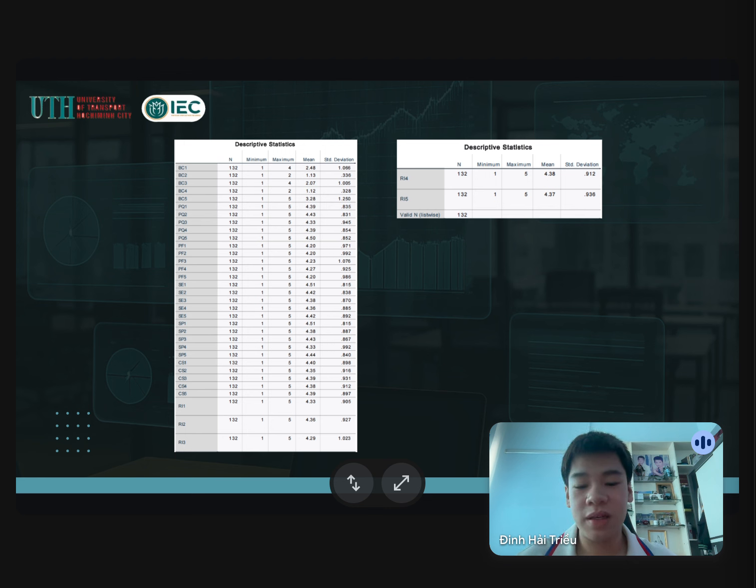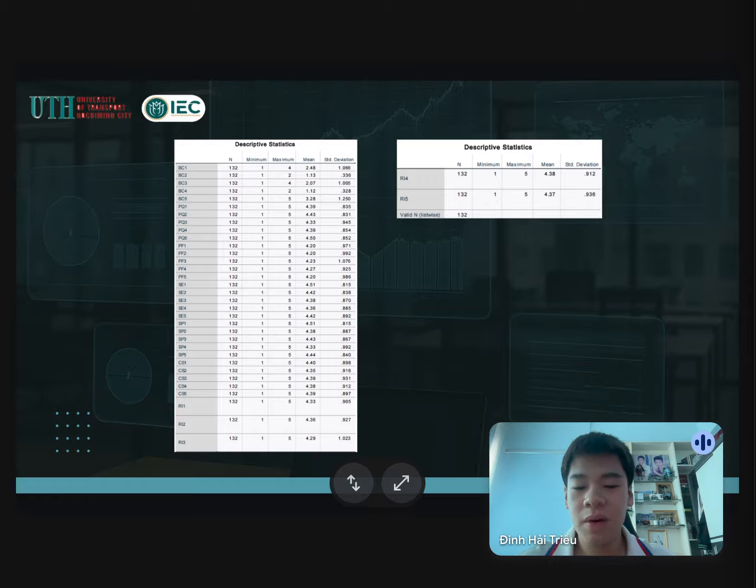Customer satisfaction has average scores around 4.35 to 4.4, and repurchase intention also has a high average, ranging from almost 4.3 to 4.38. The results suggest that respondents generally agreed and strongly agreed with the statements in our questionnaire.